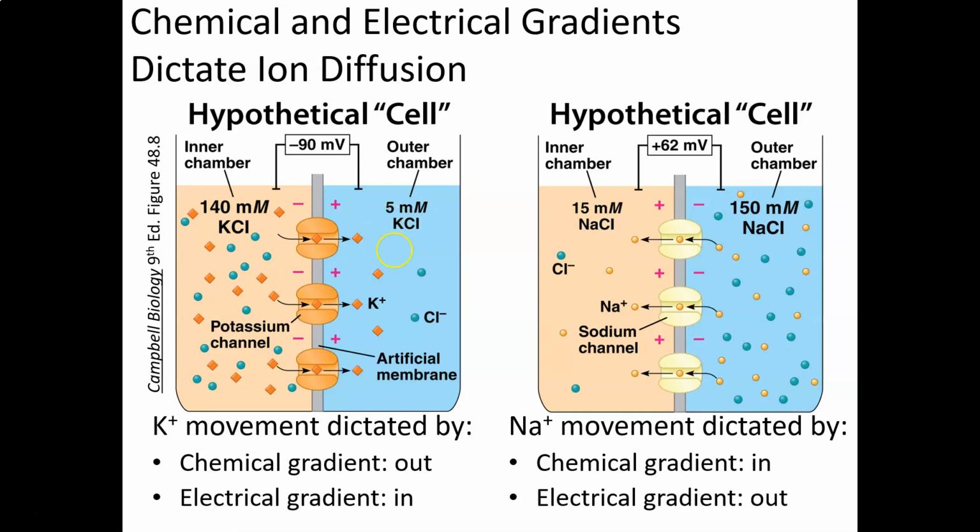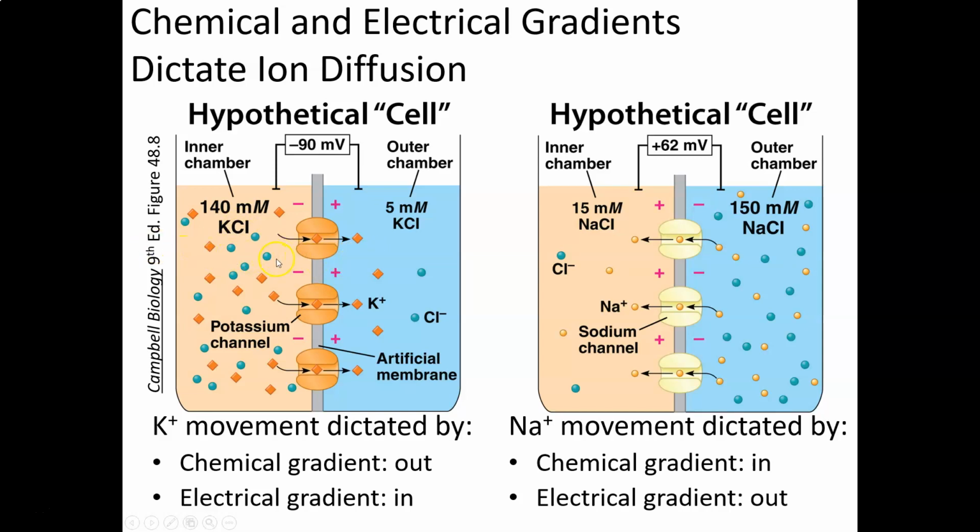And so the potassium is going to diffuse through the potassium channels. Remember, channels are specific, so only potassium will move through in this case, because we're only looking at the potassium channels. As potassium moves out, we're taking positives, remember, potassium is a cation, from inside the cell to outside the cell.